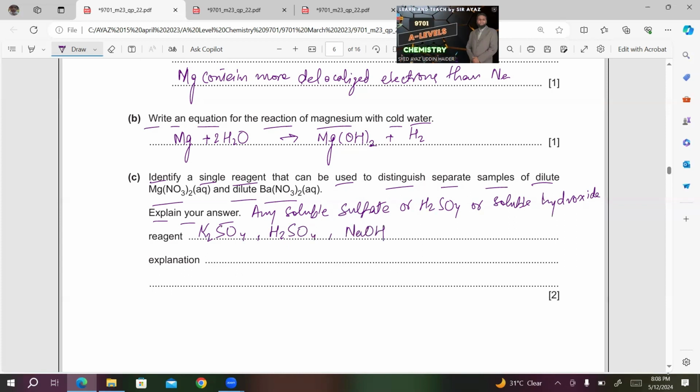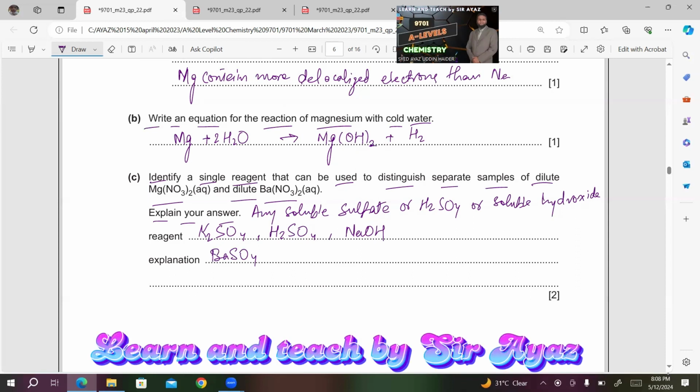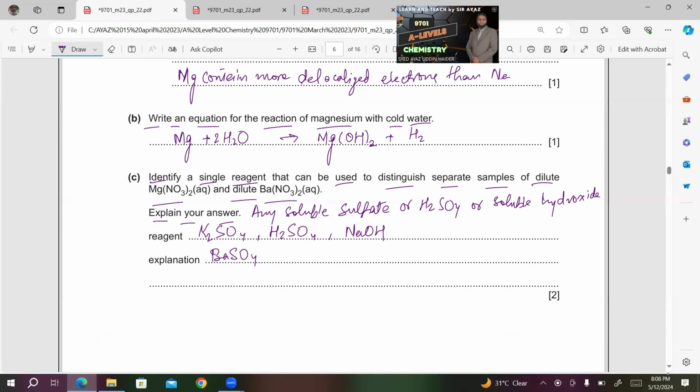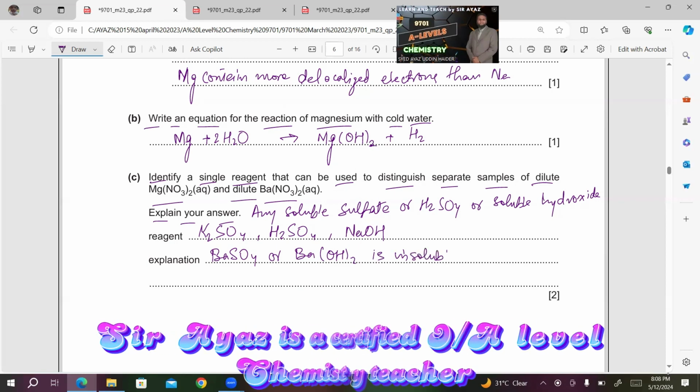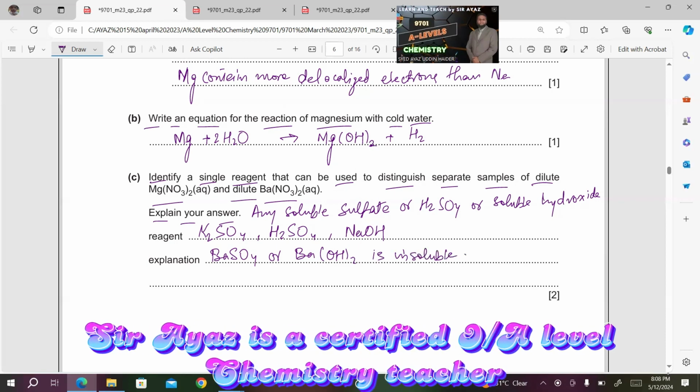So barium will form insoluble precipitate, BaSO4. BaSO4 is insoluble precipitate, and with sodium hydroxide it will form barium hydroxide, Ba(OH)2, which is an insoluble precipitate.